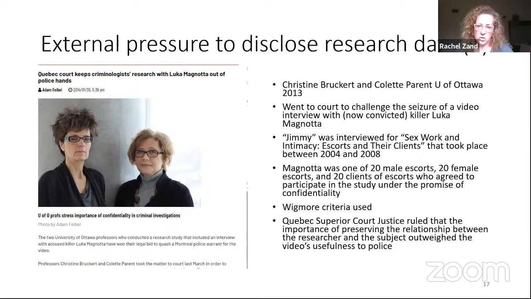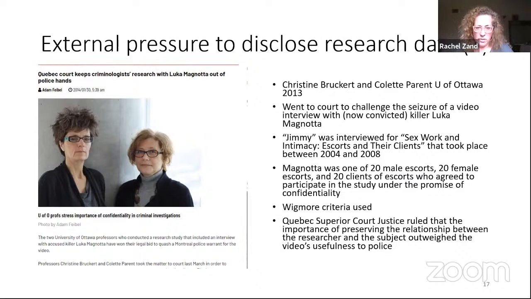So she made that decision that the injury to social science by allowing a confidential video to be exposed would be greater than protecting it. And obviously he was convicted, so it didn't really make a difference.